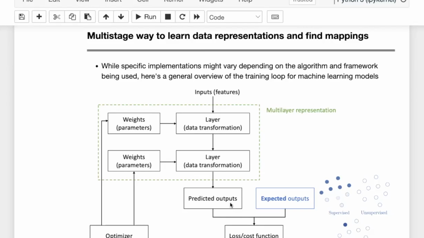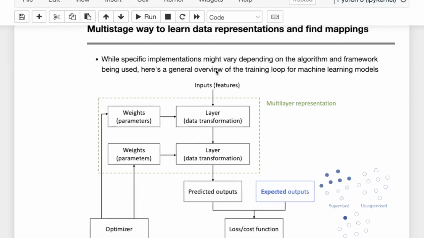And the nice thing is that in most cases, for this data that we provided, these inputs, we do have the labels, or the actual true outputs, or expected outputs. So this means that now, at this point, we can compare these two. And this is what we call a loss or cost function, which really measures the discrepancy or disagreement between what we predicted and what the underlying or true outputs are.